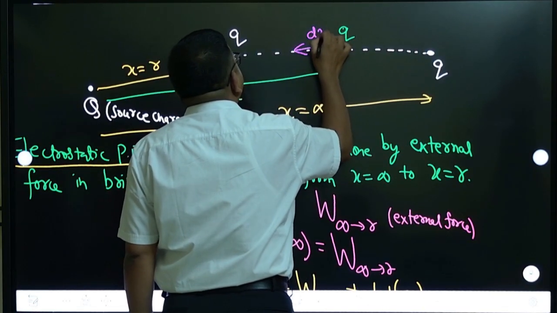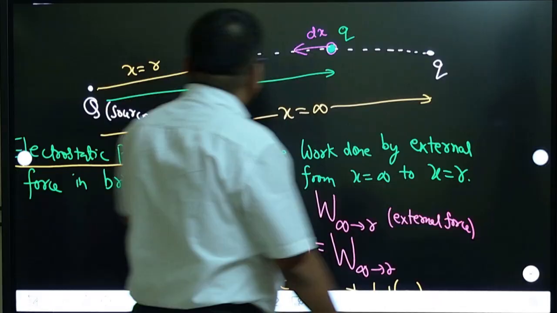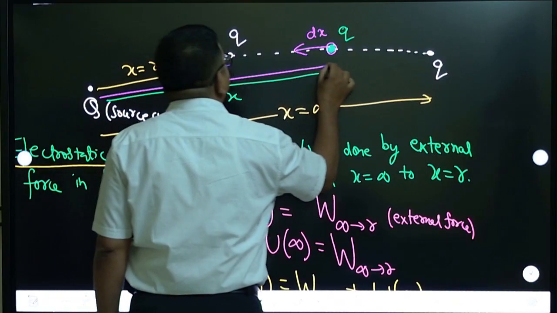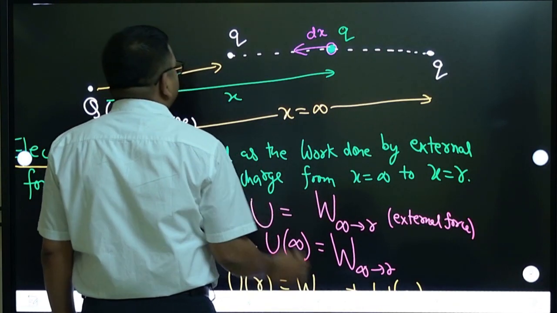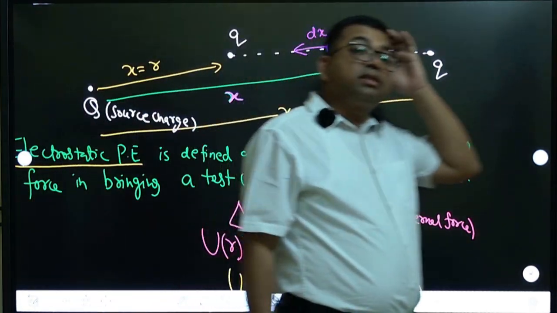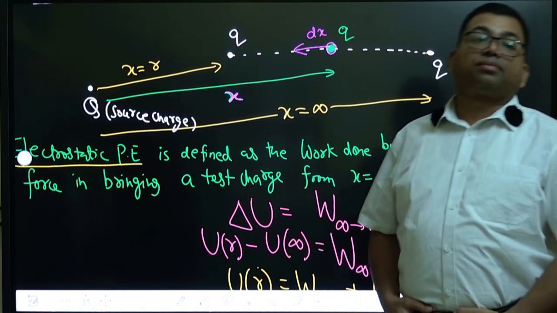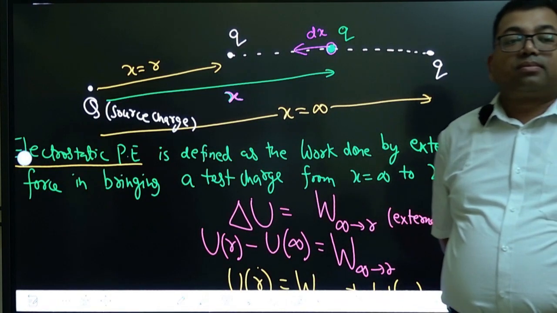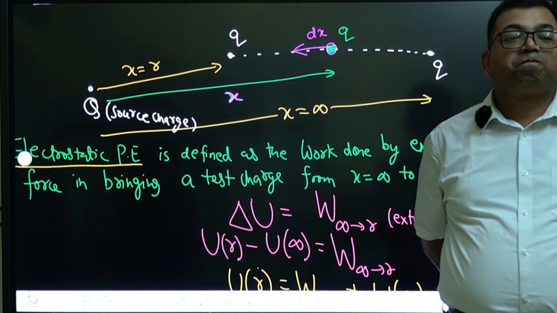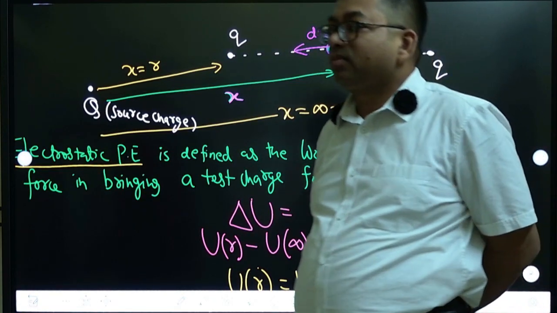So dx is going to be on the left side. This is the instantaneous position, which I have already drawn here. So tell me, is the distance x increasing or decreasing? What do you think?